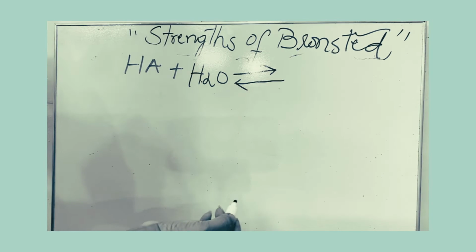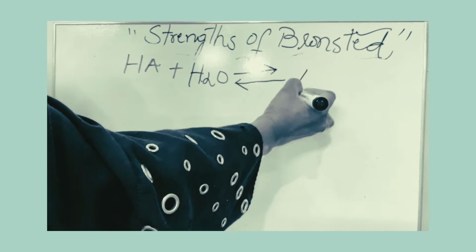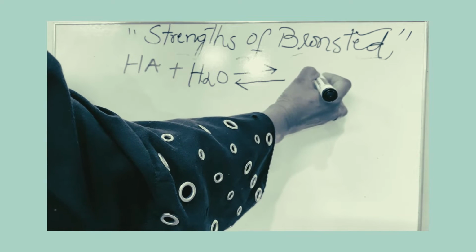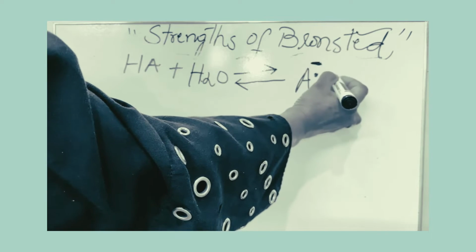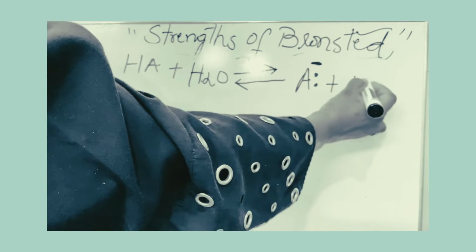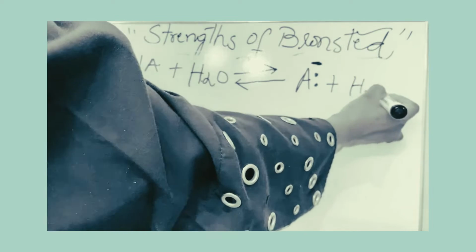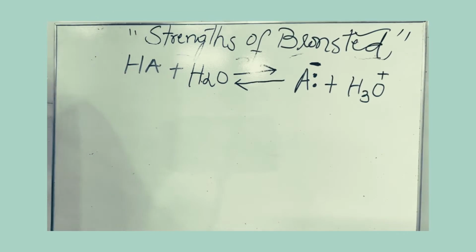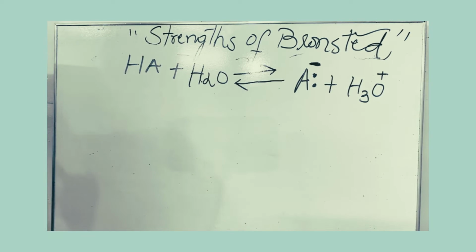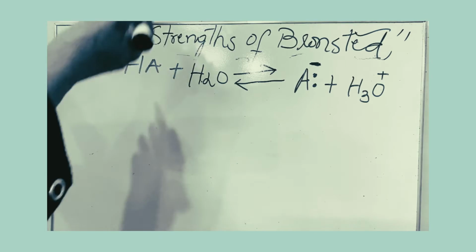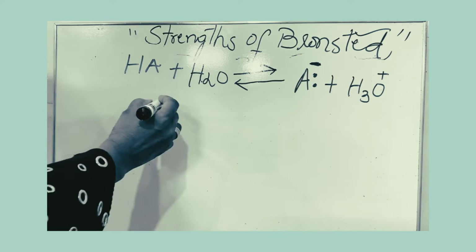These are the arrows for the equilibrium. We are going to get A negative plus the formation of a hydronium ion. Here, what happens is that this hydronium ion resolves, whereas now its equilibrium constant would be what?